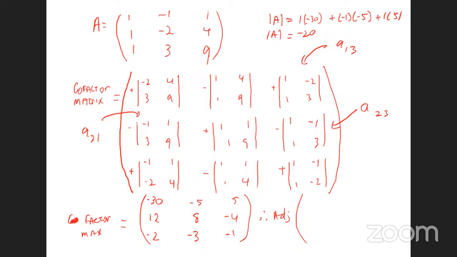The adjoint will be minus 30, 12, minus 2, minus 5, 8, minus 3, and now we have 5, minus 4, minus 1. That's the adjoint.